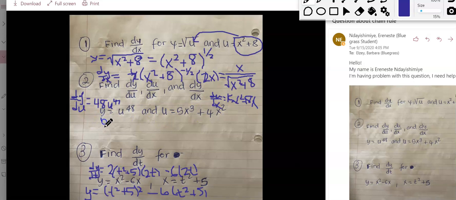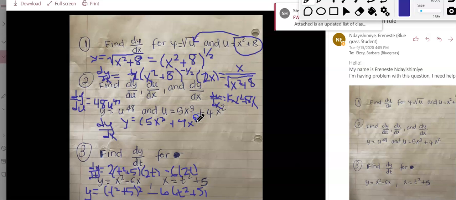Now, dy/dx. Let's just do the same thing we did on the others. First, y is going to be equal to this plugged in here, so really 5x to the third plus 4x squared, raised to the 48th power.